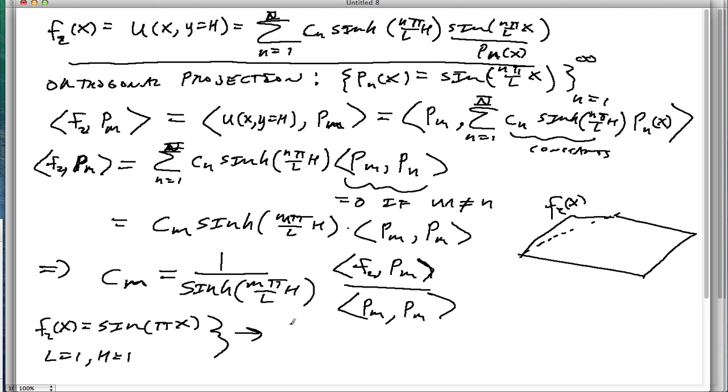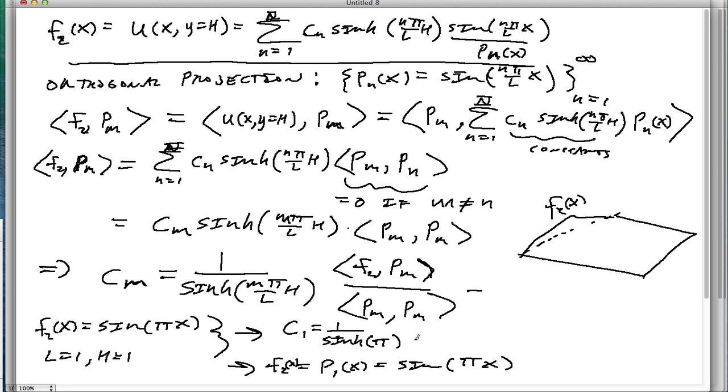In this case then, C1 will be equal to 1 over sinh, because what this means then is with this we have f2 is actually equal to P1 of x, sine pi of x, correct? So that means that'll be sinh of pi times just 1, right? Because you just evaluate Pm, Pm, Pm, and then that would also be Pm. These would all be 1s.